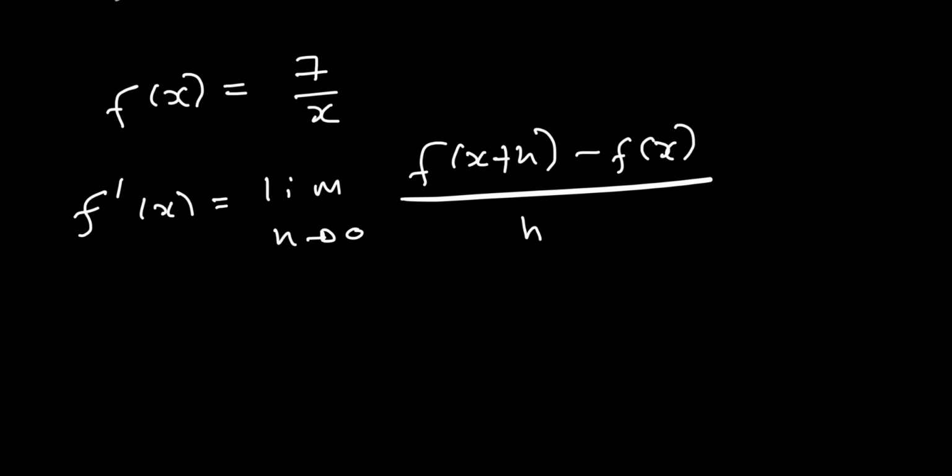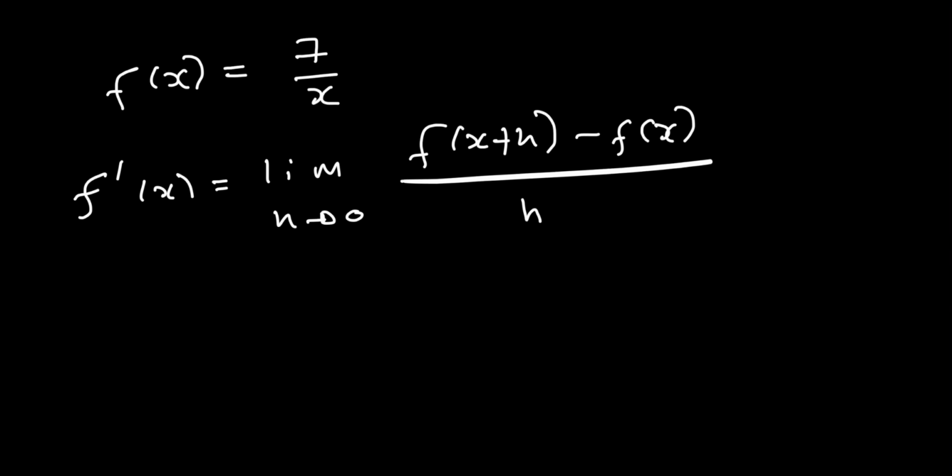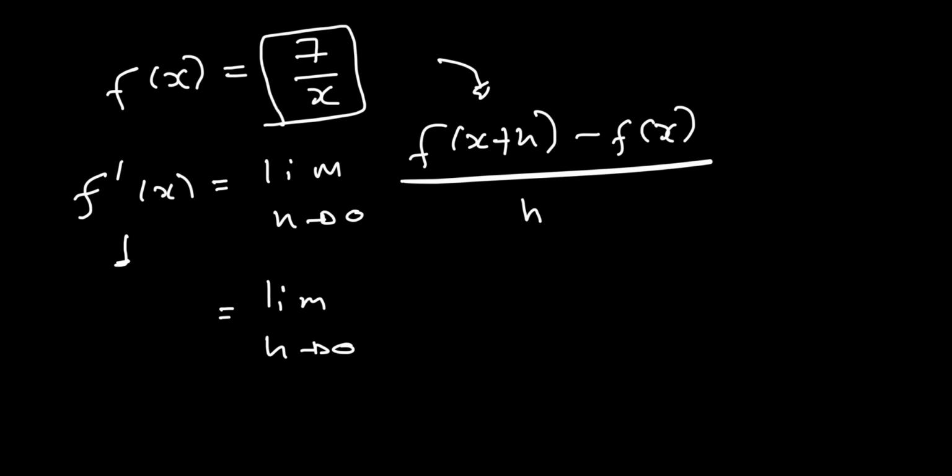So now in the equation, we can substitute everything that we need to. I'm not going to write the first derivative. I'll just continue with the equal sign and say, as the limit is approaching 0, I'm going to put in here the f at x plus h. Remember, f at x plus h simply says that where we see x, we substitute x plus h. So that is going to be 7 over x plus h.